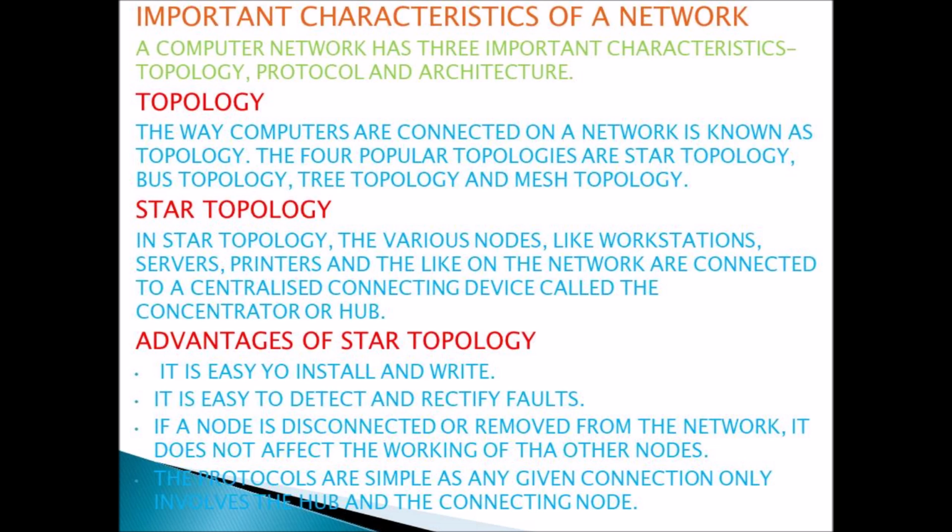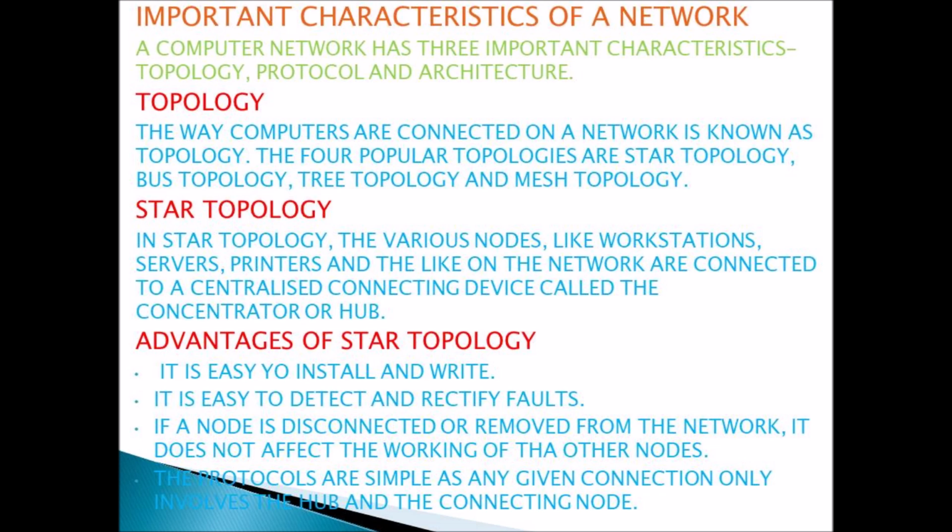The next one is protocol. Protocol is a set of instructions which gives how the computers are to be connected. And the architecture, the overview of the connections that are established in a network. So these are the three main characteristics of a network.